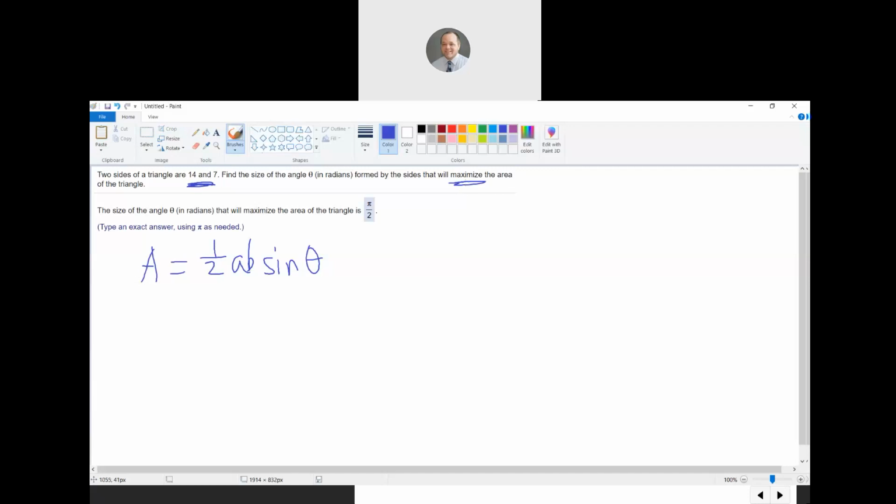The keyword that lets us know that is maximize. But before we find the first derivative, let's plug in our sides. When you simplify the numbers, 2 can go into 14 7 times, and 7 times 7 gives us 49.